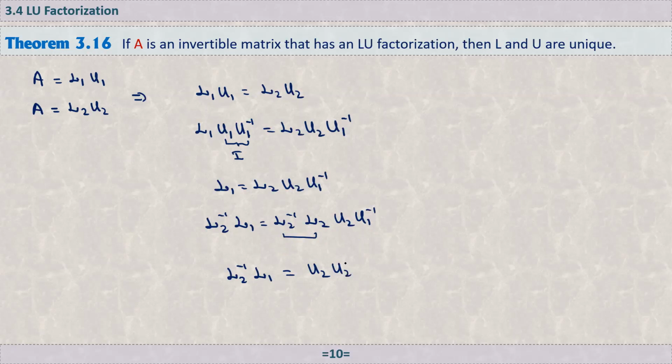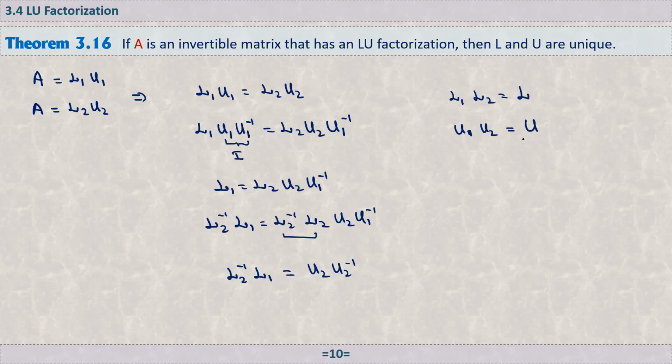Okay, so we know that the product of lower triangular matrices is also a lower triangular matrix. That means that if you're given L1 and L2, if you multiply these matrices together, again we have a lower triangular matrix. Or if you multiply an upper triangular matrix by another upper triangular matrix, again we get an upper triangular matrix.